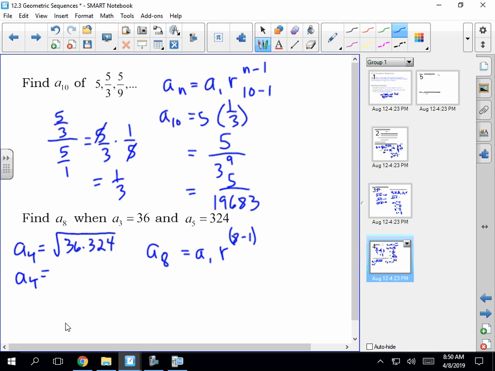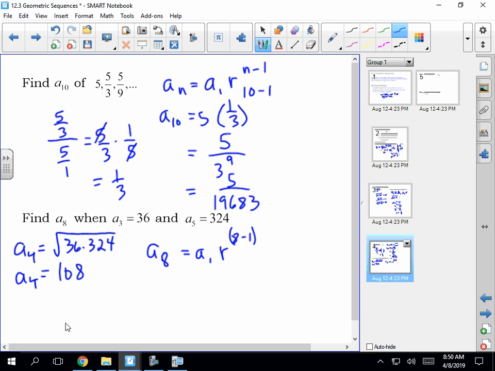It's one way to find the middle term there, and then we'll know what r is. What is it? 108. Okay, so I think you can see it now. From 36 to 108, you'd have to multiply by 3, and then from 108 to 324 by 3. So now it's pretty clear what r is.